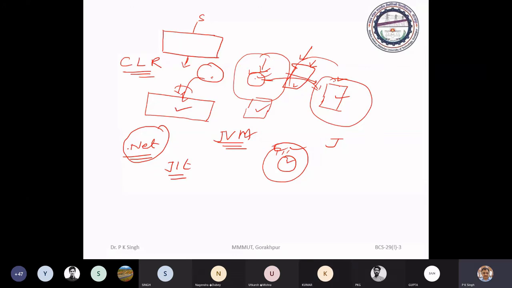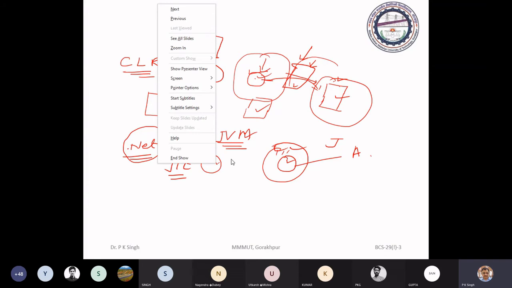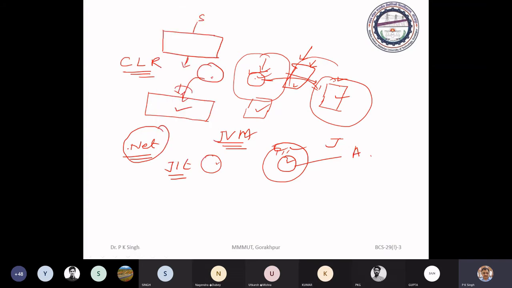What is the benefit of this? Actually, just consider here, the core of the machine is A, and you have a language. So you need to have the knowledge of this language as well as this machine.